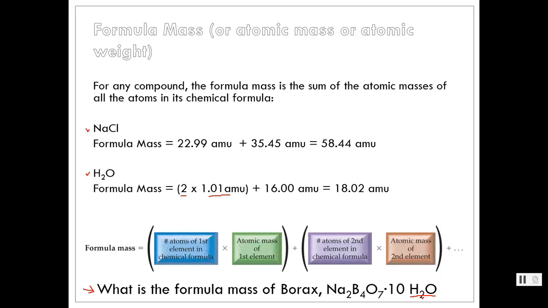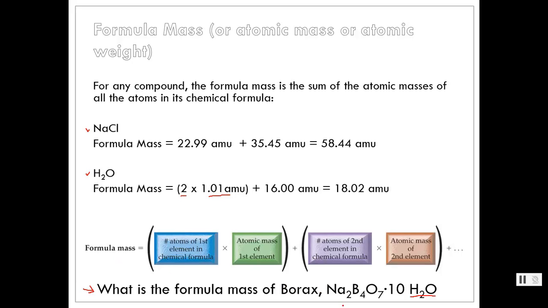You are going to have a lab in about a week or so that is called hydrates, and so you're going to be dealing with or seeing molecules that look like this. Borax, I know it's a huge molecule. It's not one I would ask you to name, but I think it is a good representation of a hydrate and how to use the concept of formula mass to determine its weight.